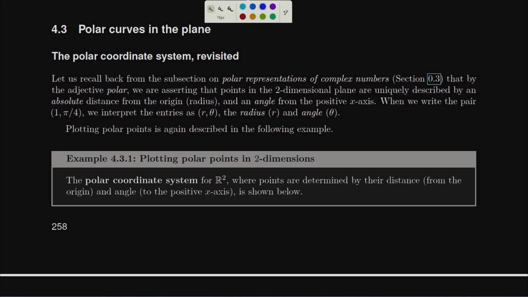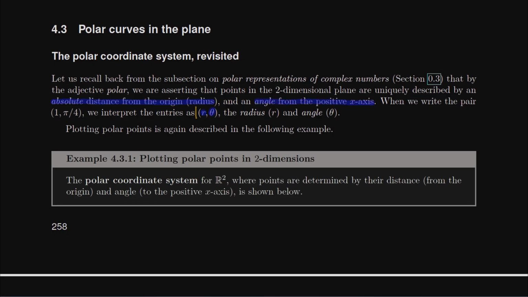So let's think about all the way back to that complex section. What were polar coordinates? Well, they were coordinates which determined uniquely a point in the xy plane dependent on its absolute distance from the origin, which also is known as the radius, or r, as well as an angle from the positive x-axis, which was going to be denoted by theta.